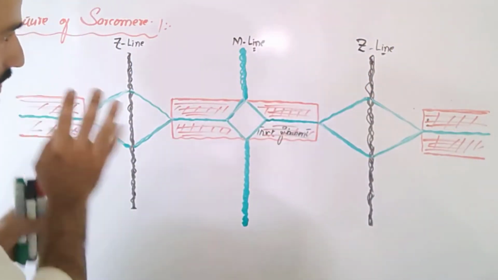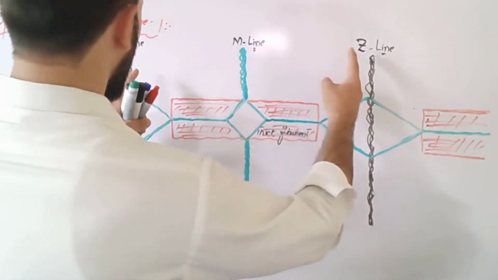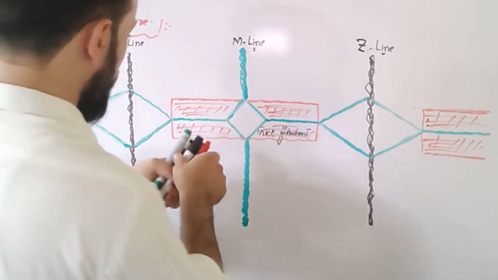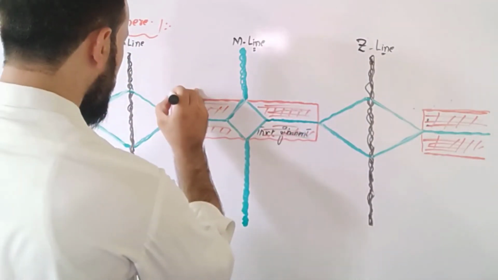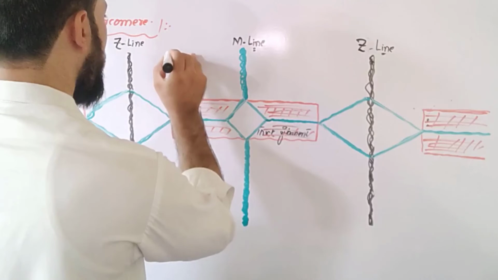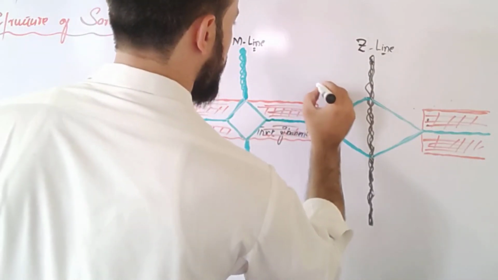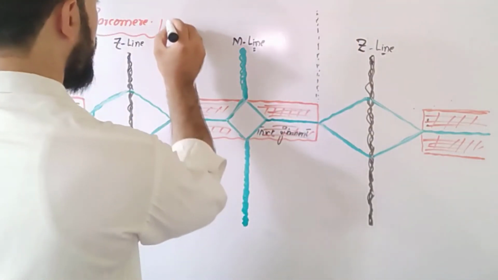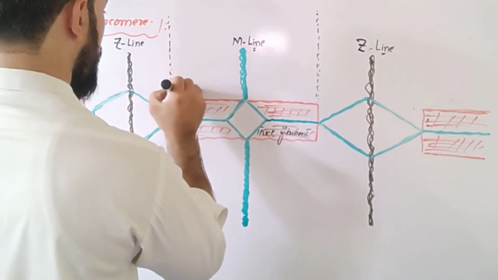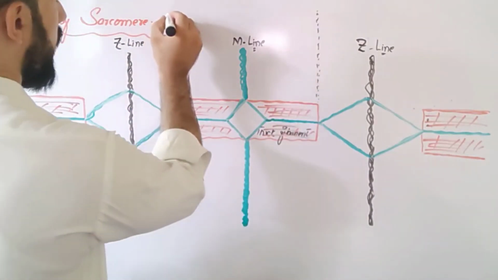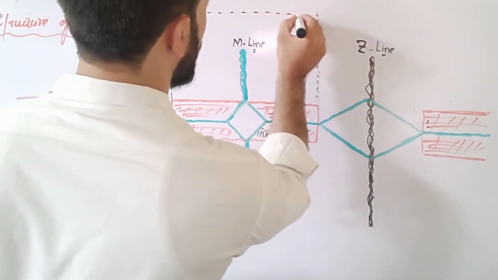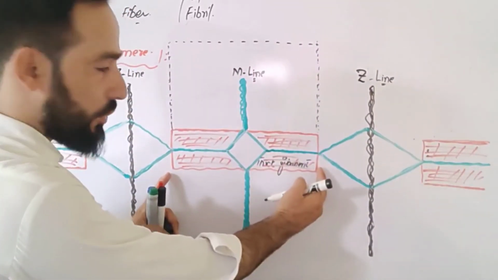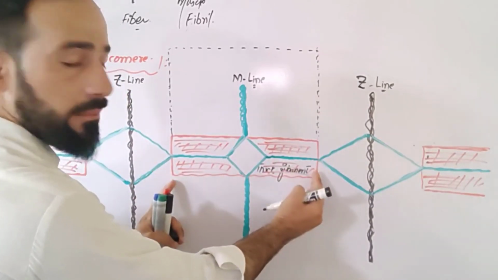Okay, now look carefully, listen to me friends. In between the two, what we will see is that, look, if I take this area up, the area of the thick filament, right, the area which is taken by the thick filament in this sarcomere, this area is called the A band, right, the area which is taken by the thick filament.